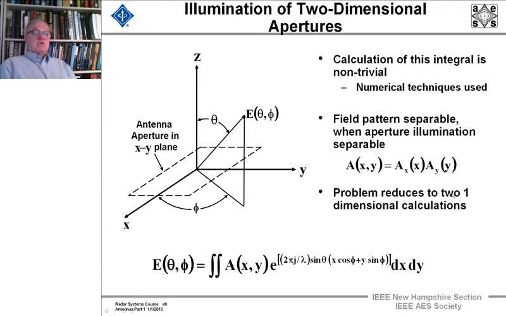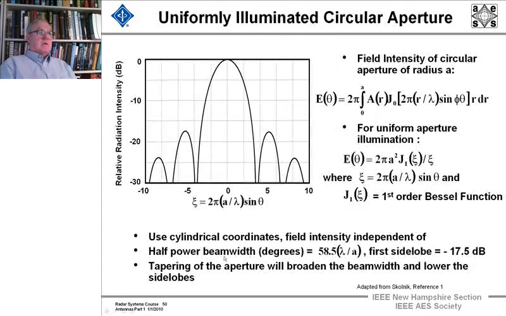The problem reduces to 2 one-dimensional problems because the aperture is separable, and the calculation of the signal is non-trivial usually. And here's the E field, here's the integral you need to do, and we're looking over a plane, but it's a doable integral, and bingo, here's what we get with a circular aperture.